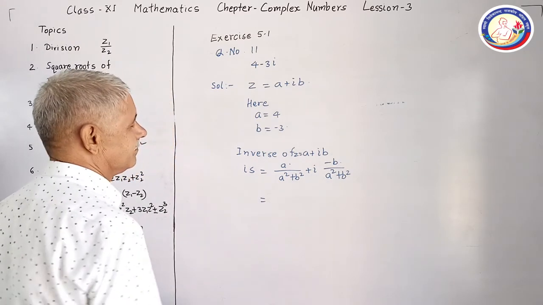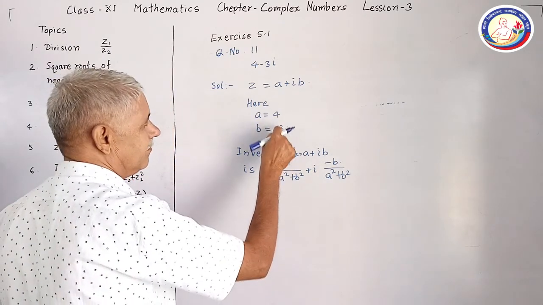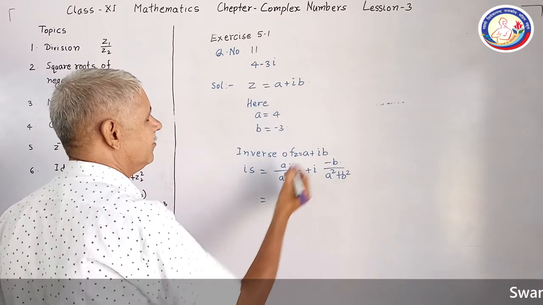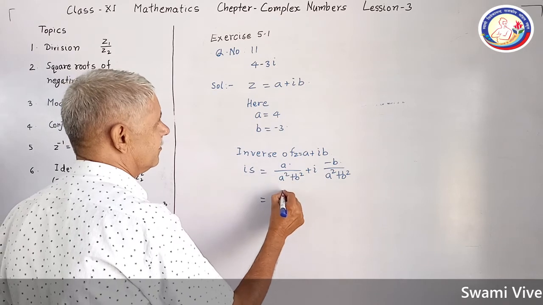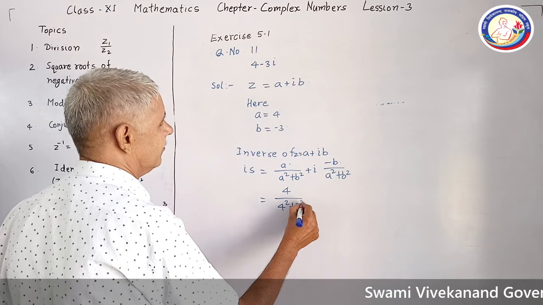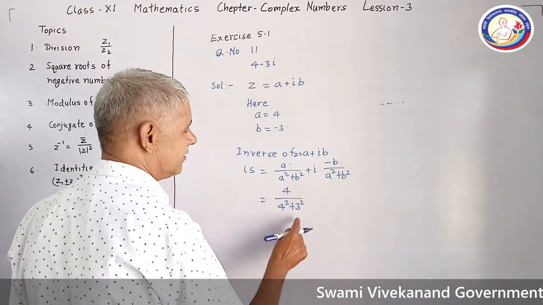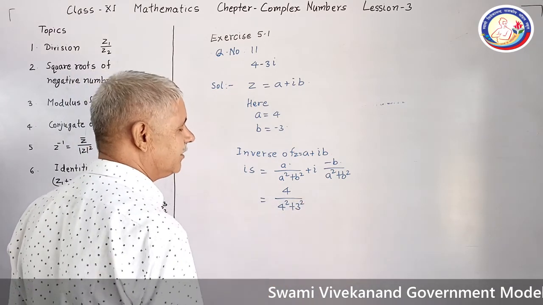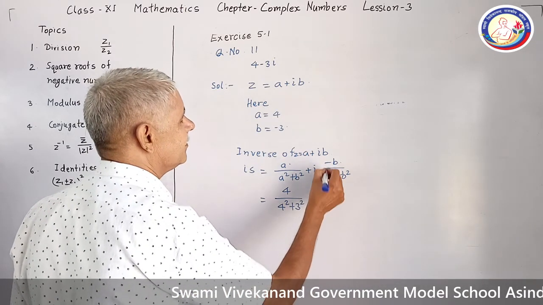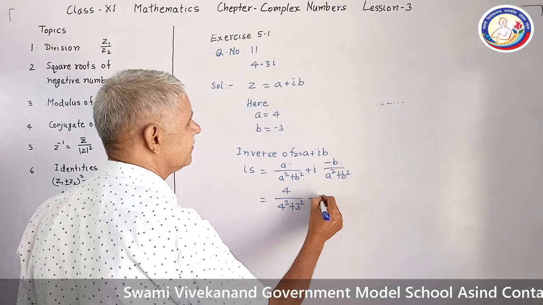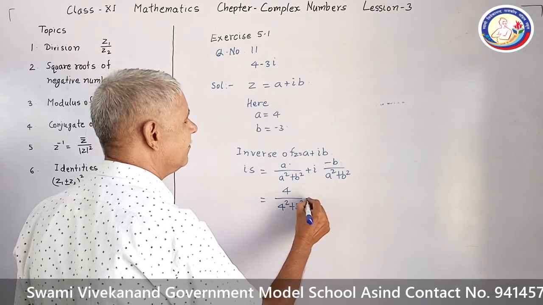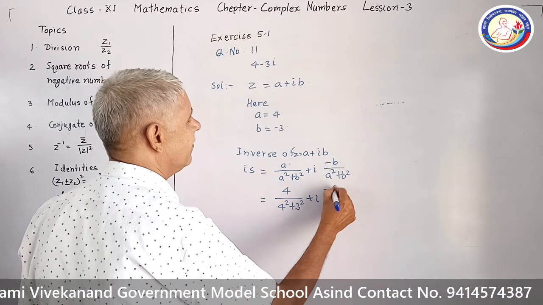That is, put here a equal to 4 and b equal to minus 3, you will get the required result. 4 divided by 4² plus 3², square of 3. We must say square of 3, but we generally say 3 square. This is the minus sign here, minus ι, or you can write it simply as ι into minus of minus 3.